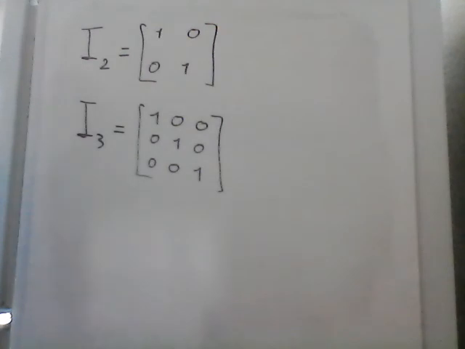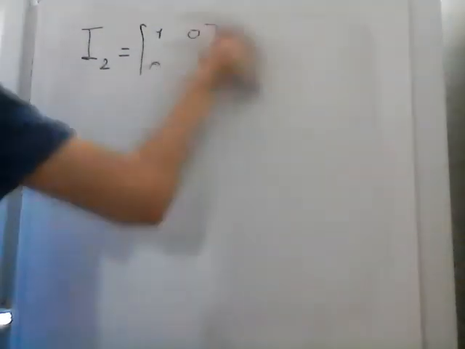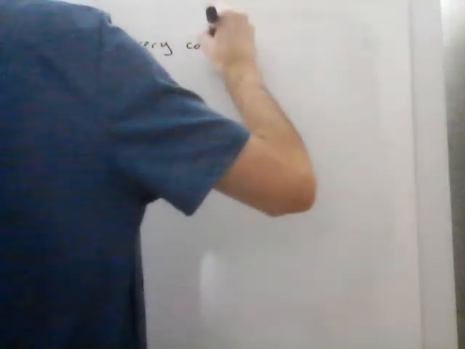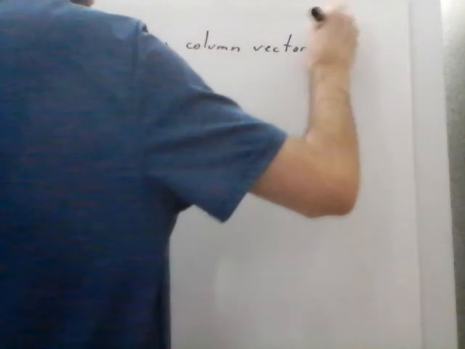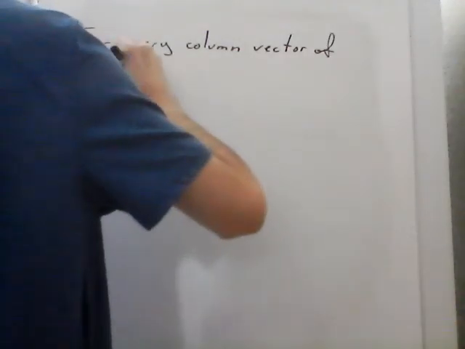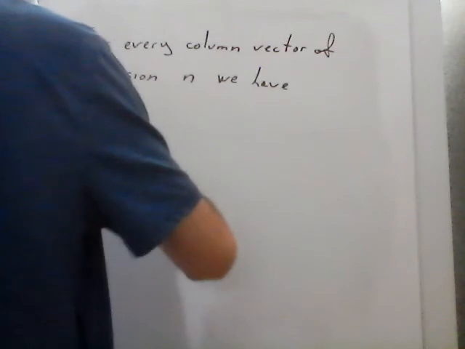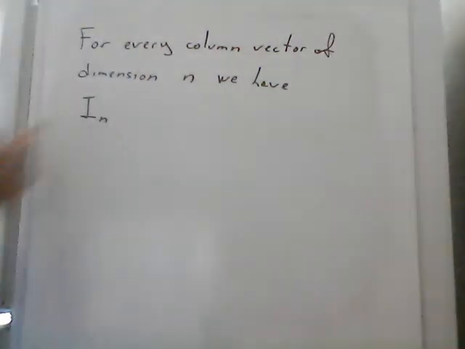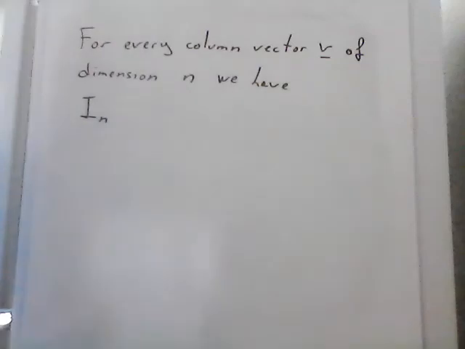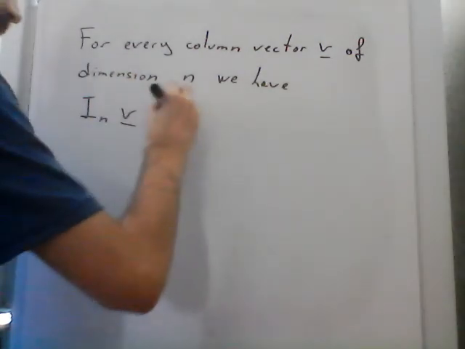And it turns out that for every column vector of dimension n, let me call this vector v, if we multiply this identity matrix of order n by the vector v, we get v back.